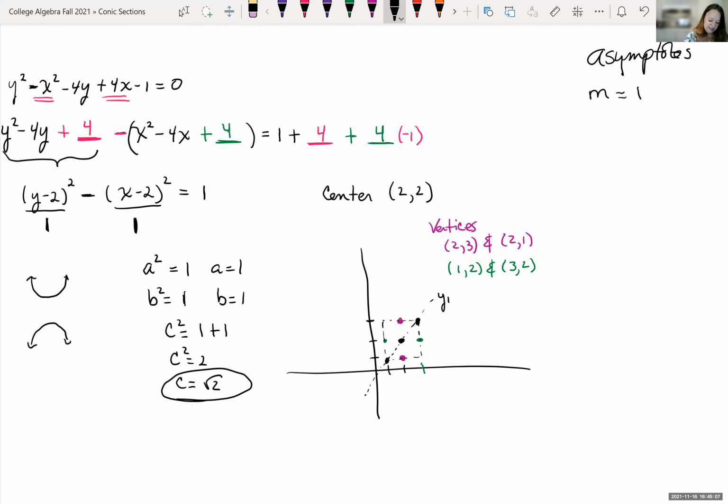If I go down 1 over 1, my y-intercept, my b value, is 0. So my y sub 1 is equal to 1x, or just x, plus 0.